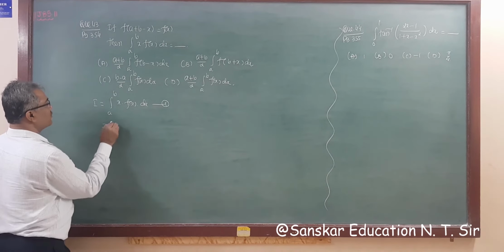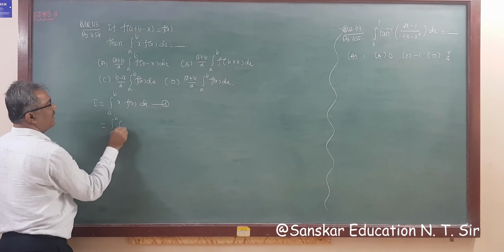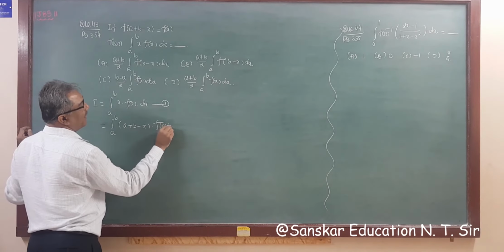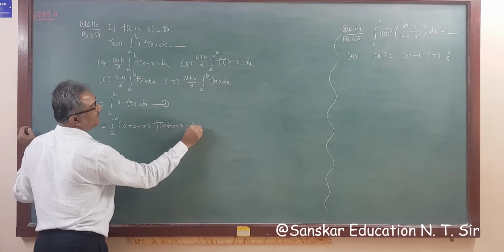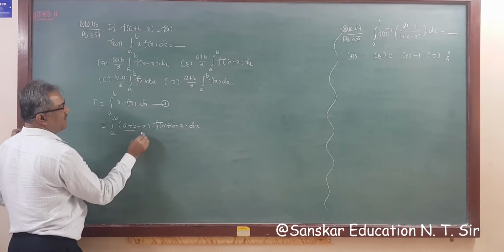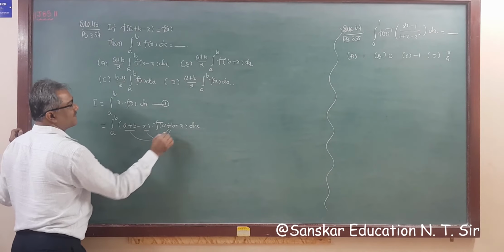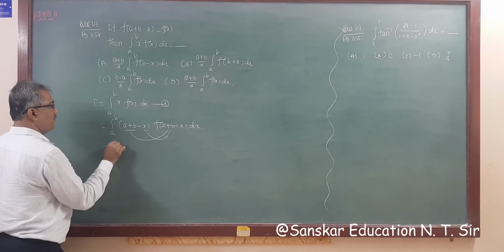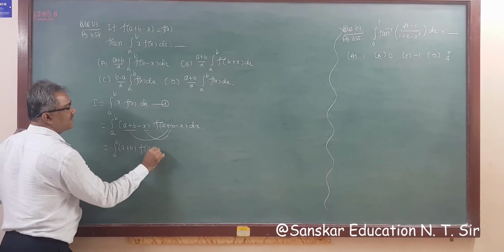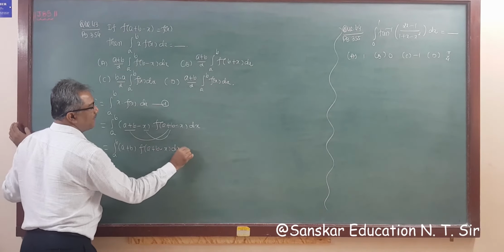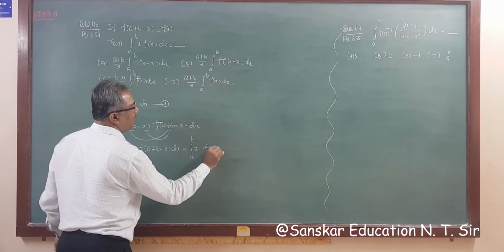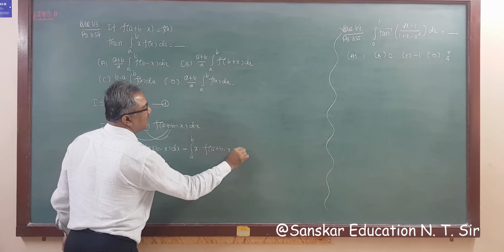So this is integration a to b, a plus b minus x into f of a plus b minus x dx. Now multiplying a plus b with this function, and x with this function, what we get is integration a to b a plus b f of a plus b minus x dx minus integration a to b x f of a plus b minus x dx.